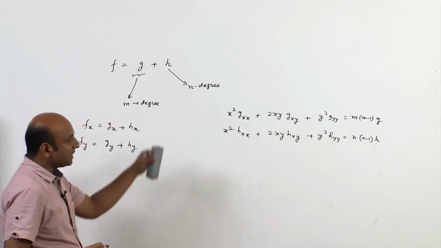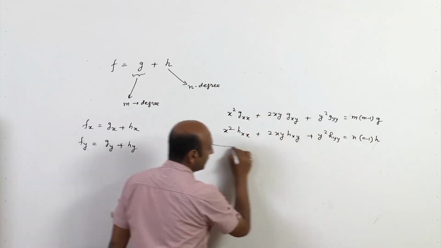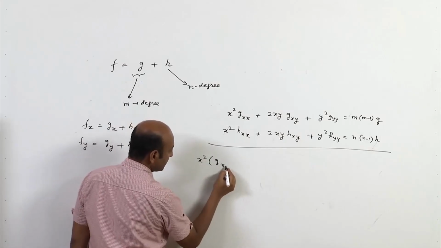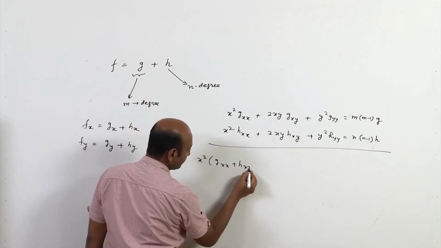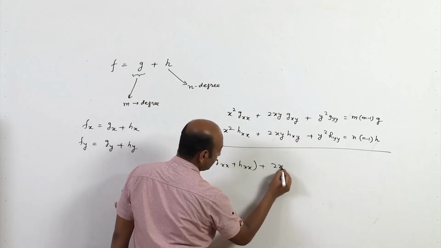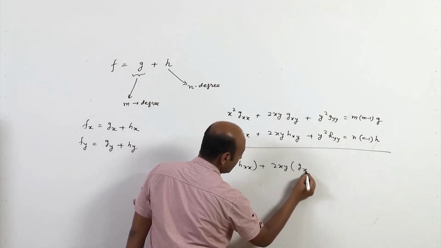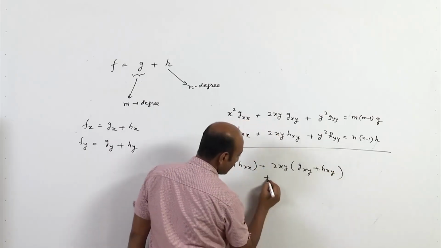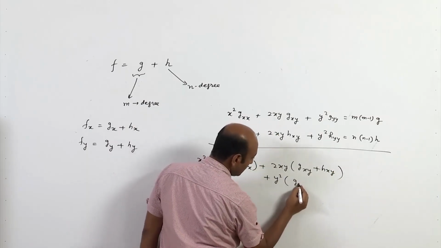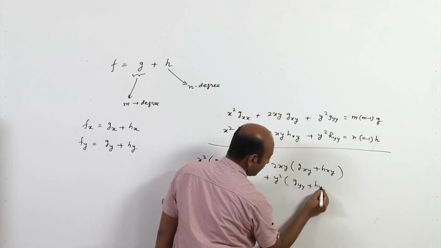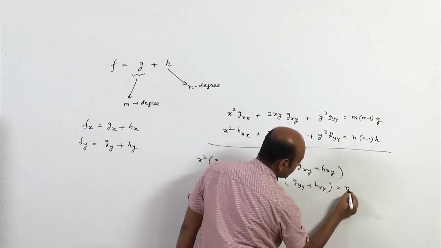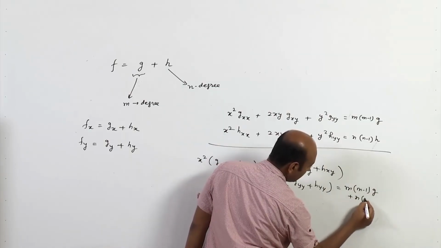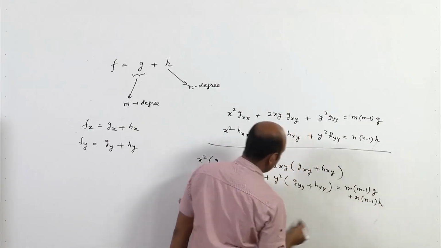Now you again add the two equations. So what you will obtain? It is x square (gxx plus hxx) plus 2xy (gxy plus hxy) plus y square (gyy plus hyy) will be equal to m minus 1 into g plus n minus 1 into h.